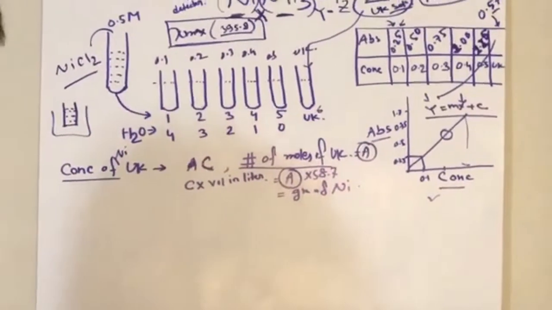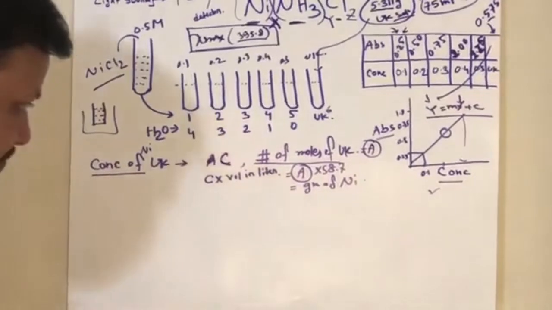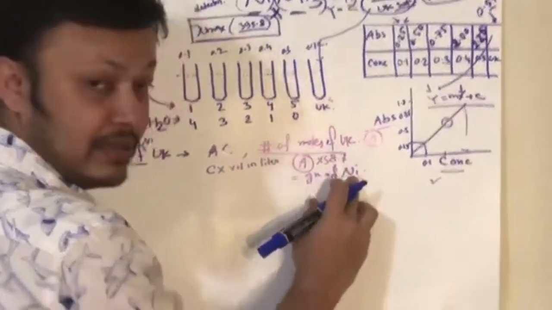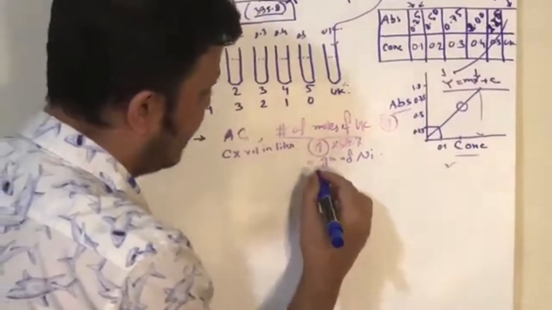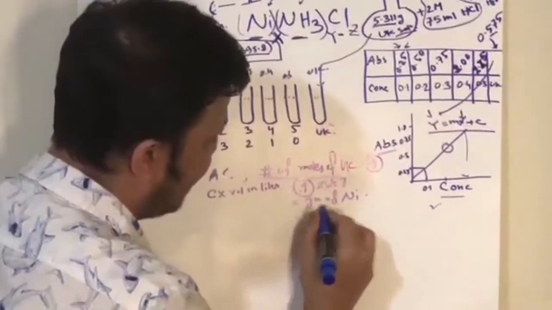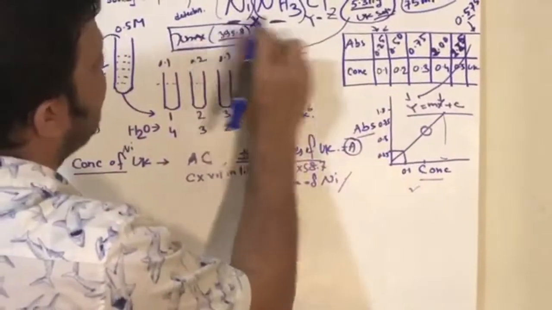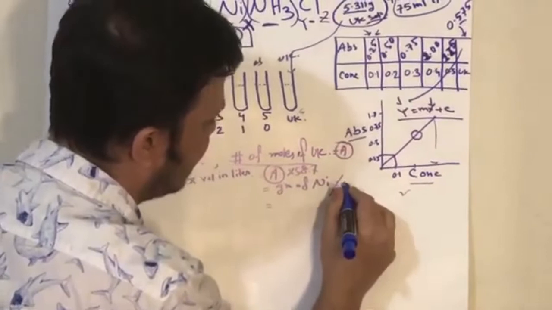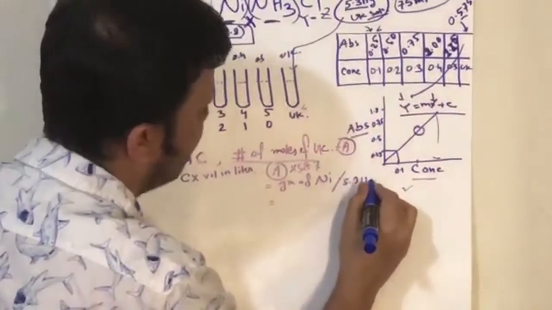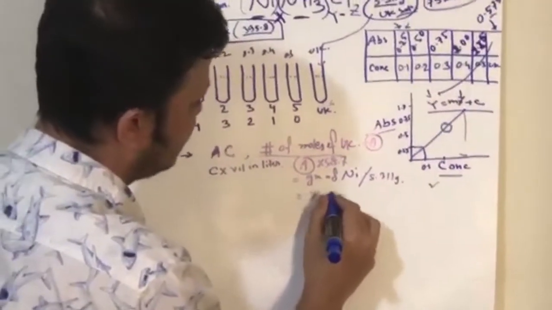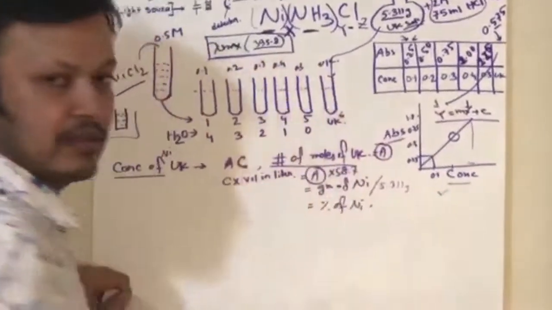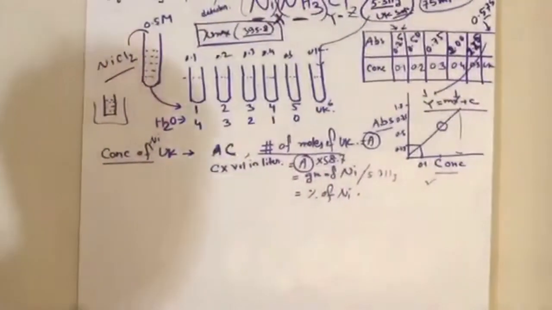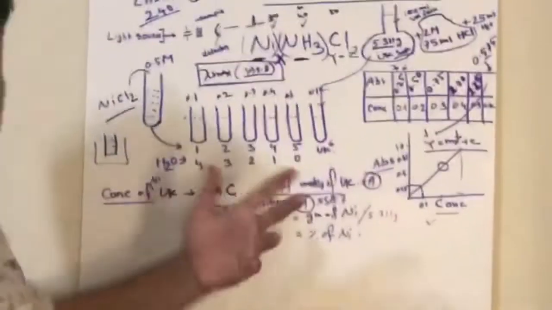Then the grams of nickel divided by 5.311, you will get the percentage of nickel, right? Clear? So the amount of nickel, you got everything.